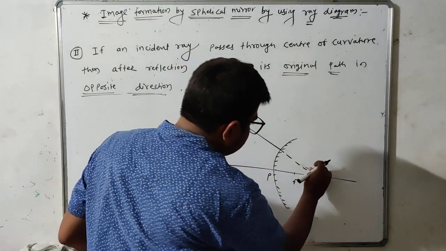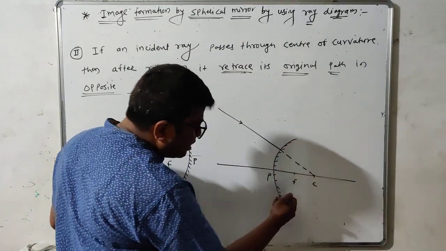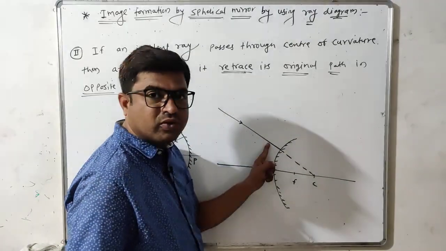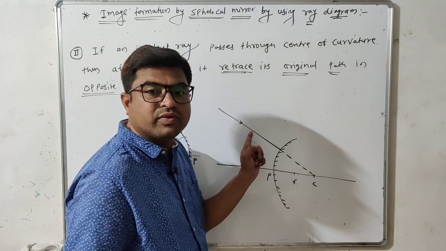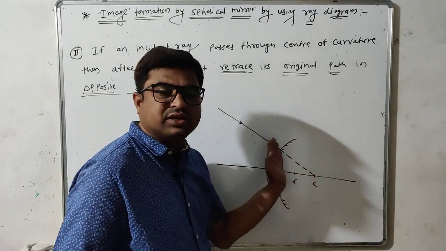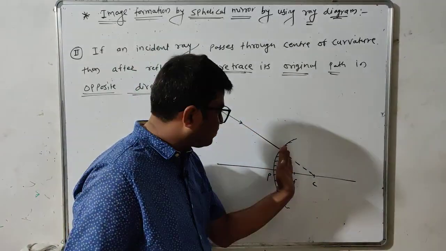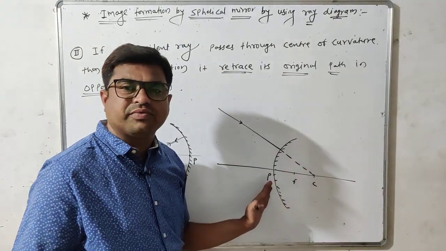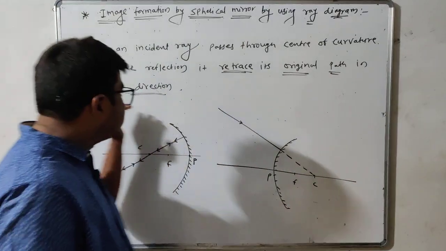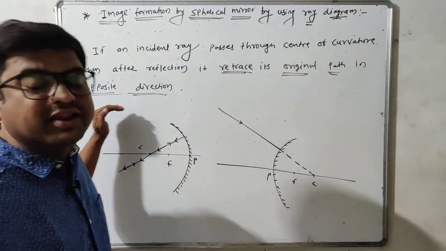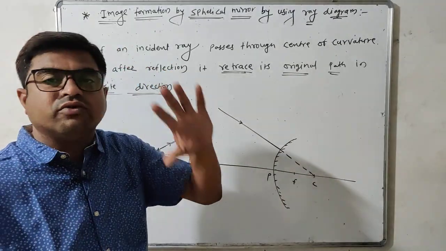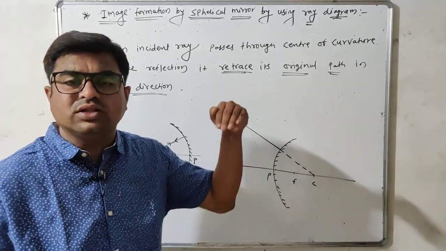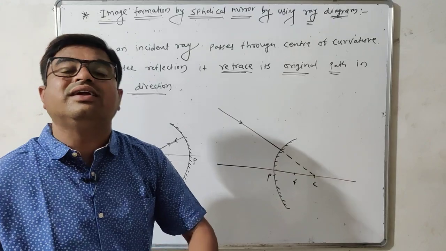But now the spherical mirror is present in its path, and this ray follows the normal direction, which is normal to the spherical mirror. Therefore, as we discussed, any ray of light incident on any mirror along the normal will retrace its original path.